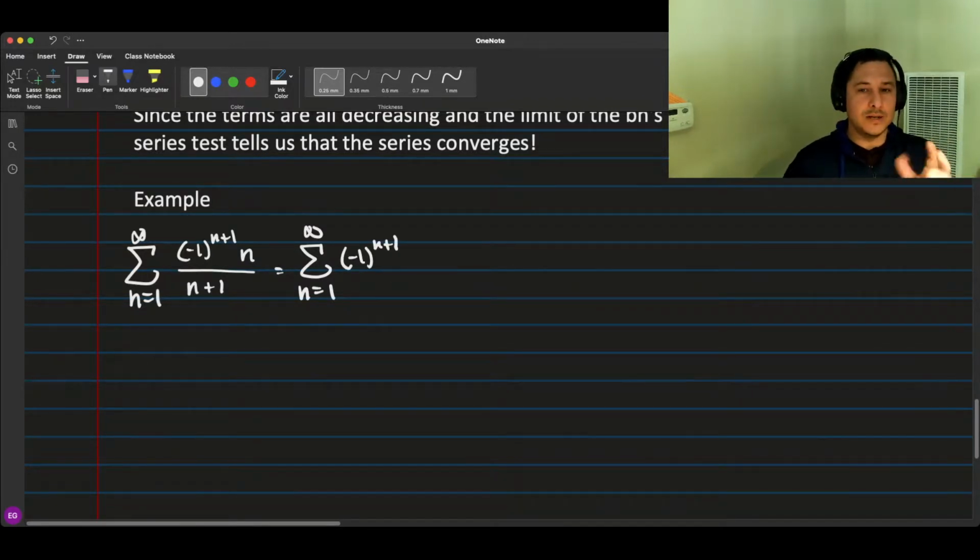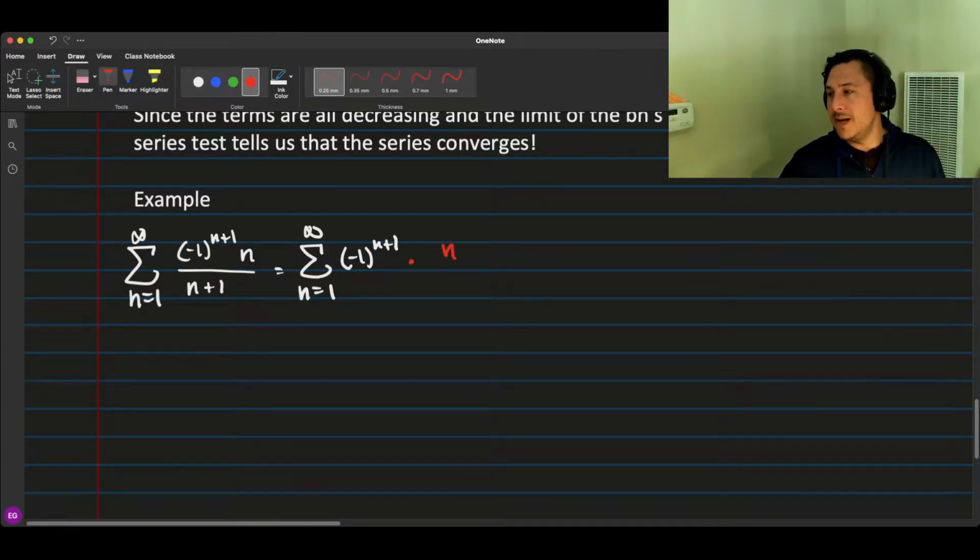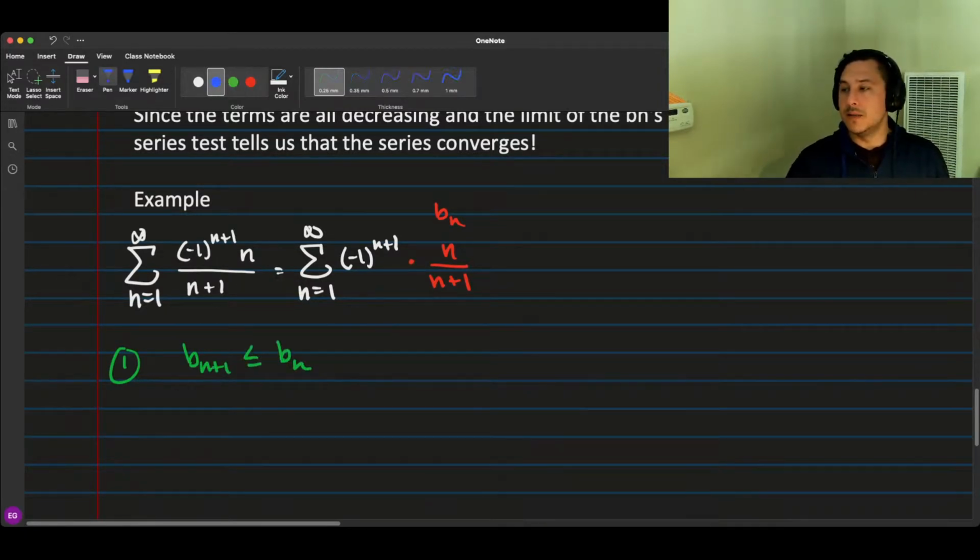That's what makes the terms alternate. And then you have that multiplied by n over n plus 1. That's the bn part that we're going to analyze. Step 1 is you need to show that bn plus 1 is always less than or equal to bn. So what's our bn? Our bn is literally n over n plus 1, because that's what bn is defined as here.